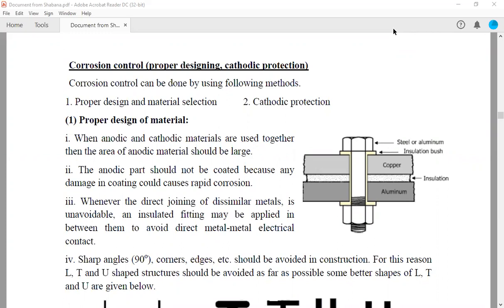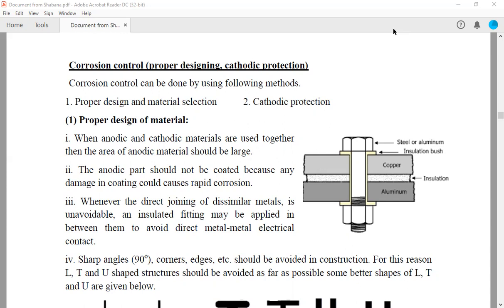Today, I want to discuss corrosion control methods. As we have already discussed the disadvantages and different mechanisms of corrosion, it is essential to know the different corrosion control methods.